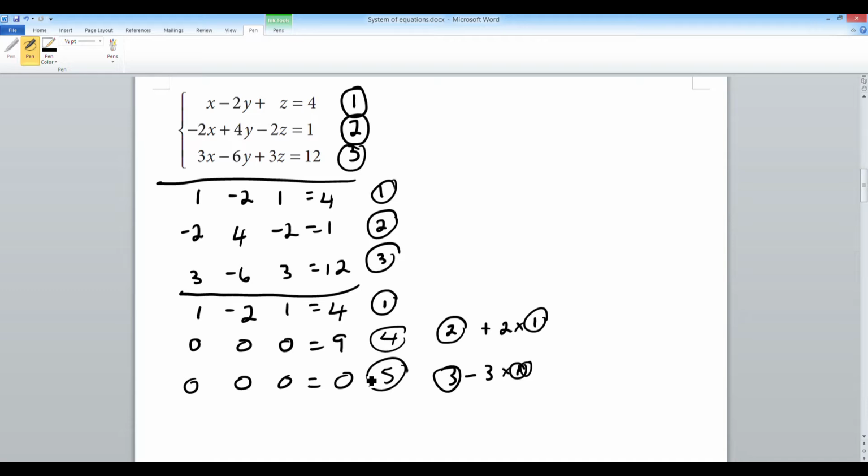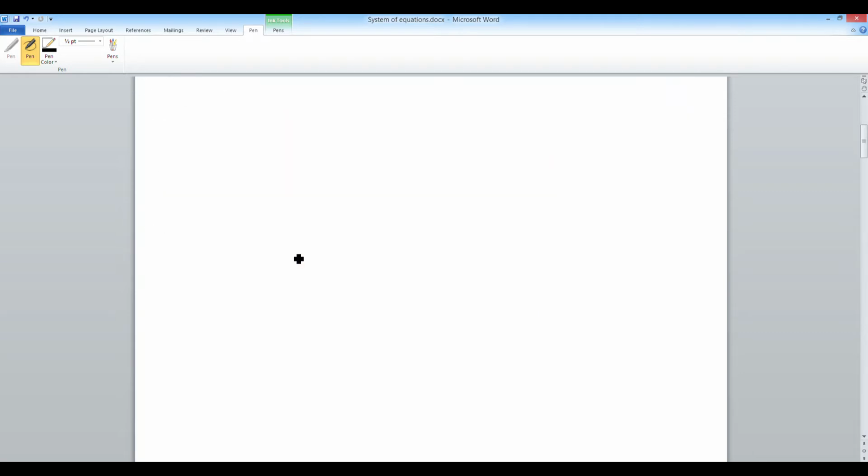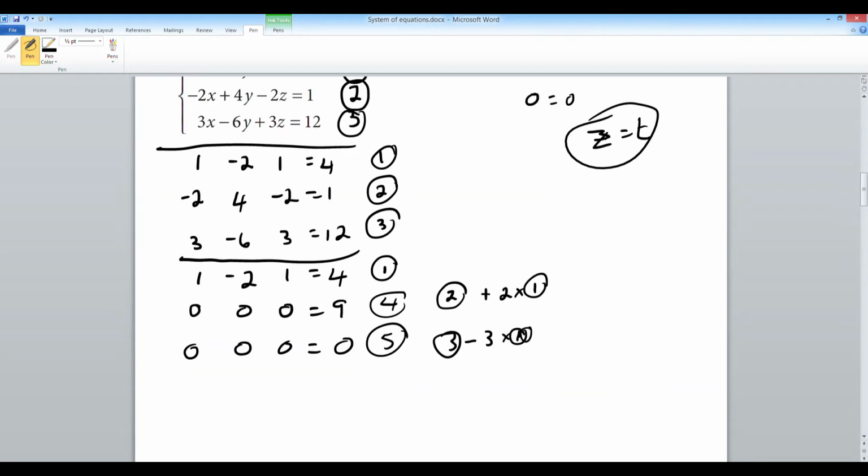So I want to jump to the conclusion that if my final row says 0 is equal to 0, then I should make z is equal to t. That is what we have seen here above. If the last equation is 0 is equal to 0, there are infinitely many solutions, but be careful. I notice in row 2 that 0x, 0y, 0z is equal to 9. And in row 2, here lies the key. I notice that it is 0 is equal to a constant.